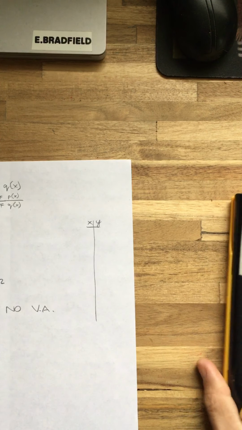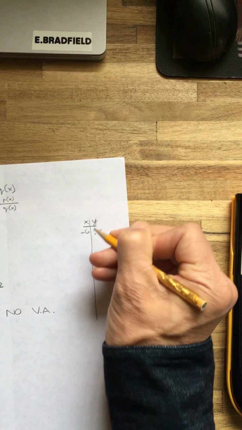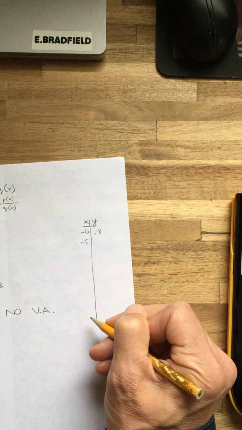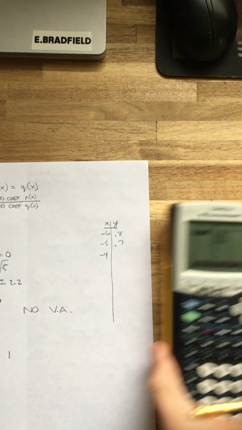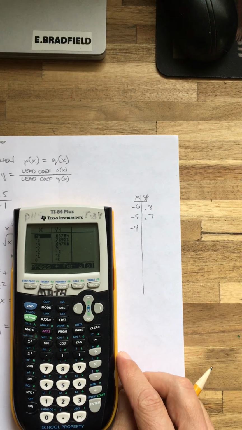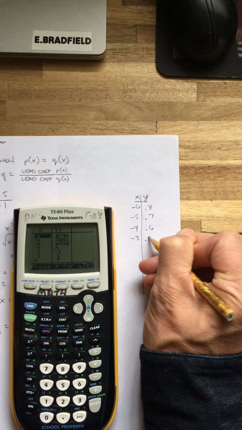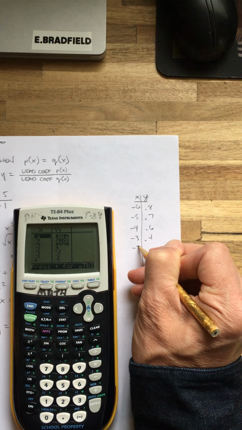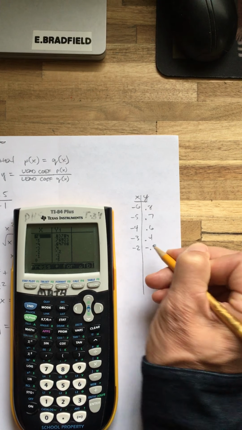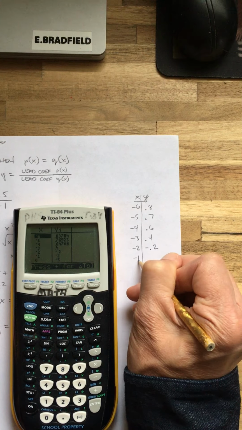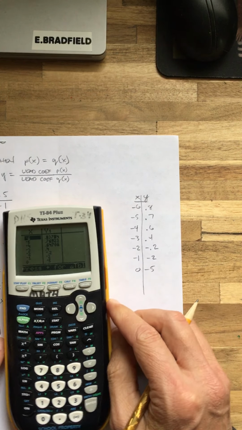For x and y, I'm going to go from negative 6, that's 0.8, negative 5, all the way to 6. So 0.7, negative 4, forgot you can't see that there. Negative 4, 0.6, negative 3, 0.4, negative 2, negative 0.2, negative 1, negative 2, 0, negative 5.